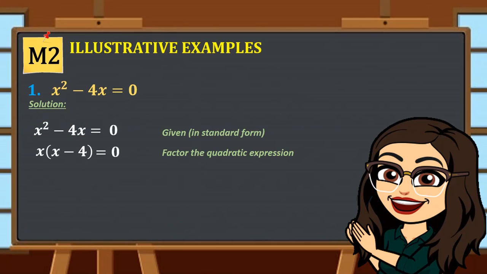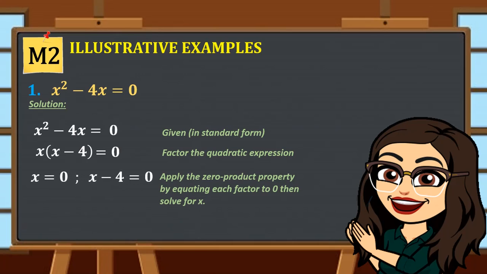Then, equals 0. Next step, apply the zero product property by equating each factor to 0, then solve for x. So we have x equals 0 and x minus 4 equals 0. The value x equals 0 is already the first value of x. Next, for x minus 4 equals 0, we will use the addition property of equality.